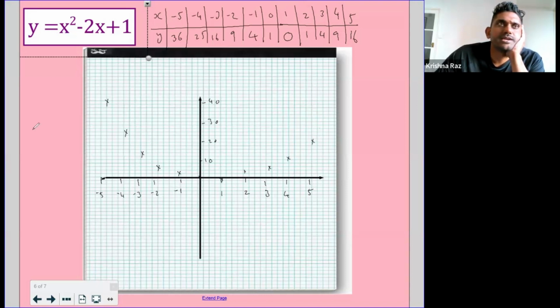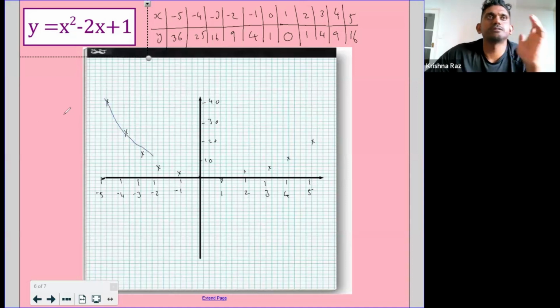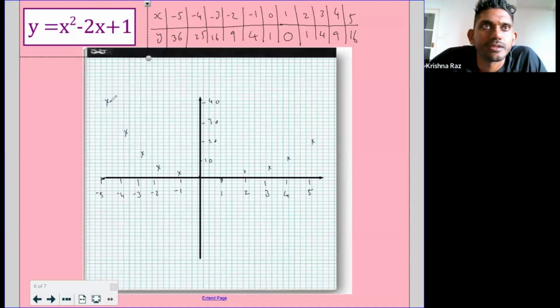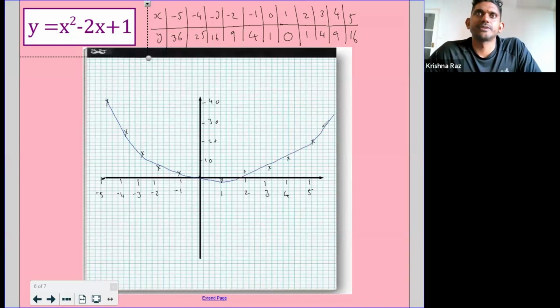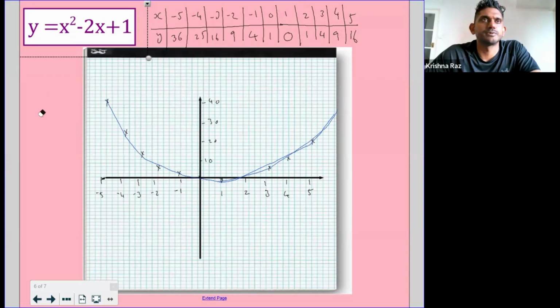If we connect the dots with a smooth curve, we're going to get something that looks a bit like a horseshoe. Let me just replot that point because that was a bit dodgy. That'll be that. And that's all we have to do.